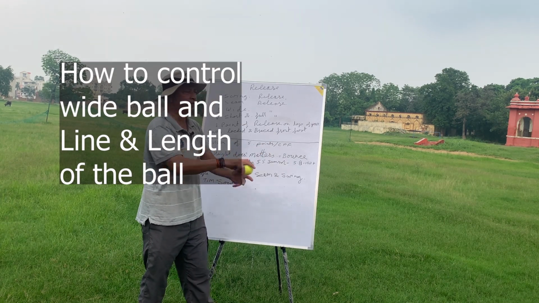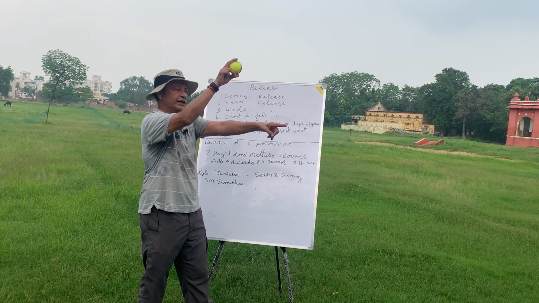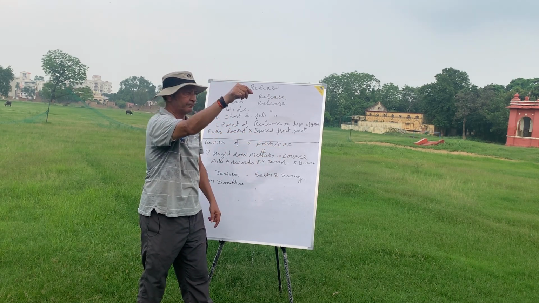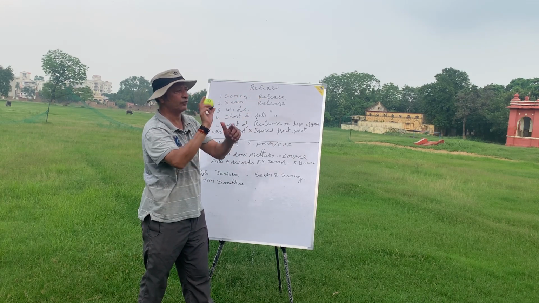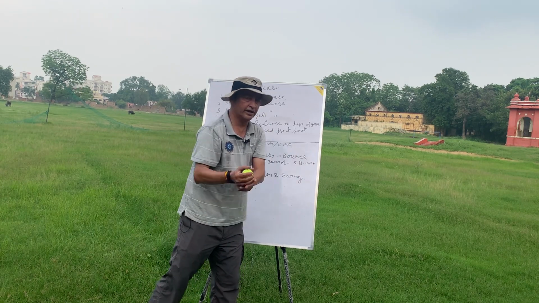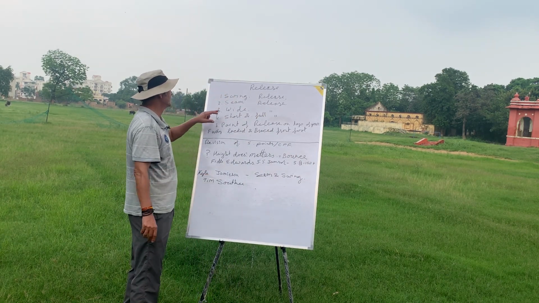And for seam, we release it here, not here. We release it directly towards the target. This is release for seam, and this is the release for swing. Clear? I'll clear it more when we demonstrate it underarm.